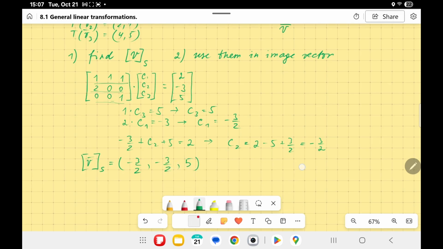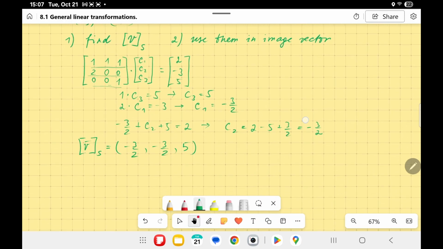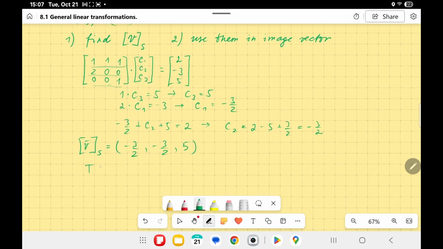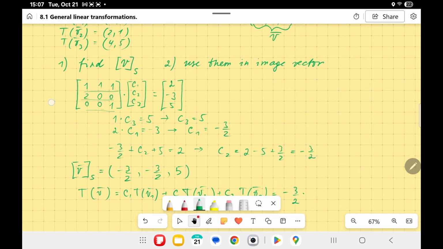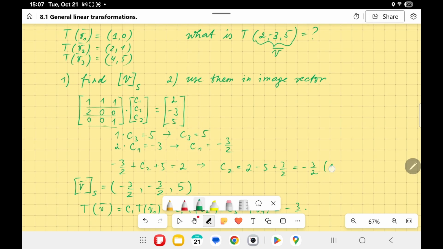Now, guys, I'm going to use the property that T of v is C1 T of v1, the basis vector, plus C2 T of v2 plus C3 T of v3. So C1 is minus 3 over 2, and the first image is (1, 0).